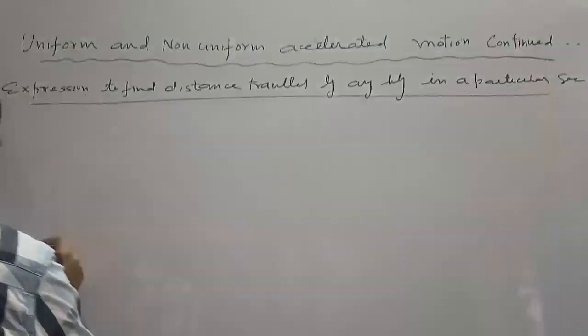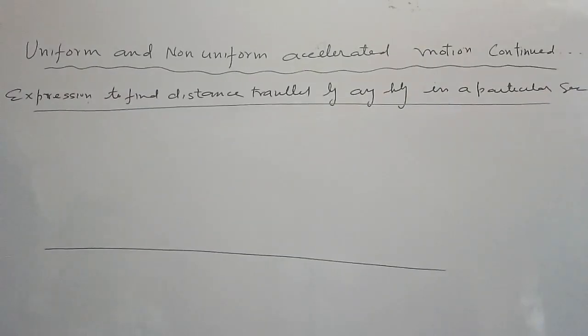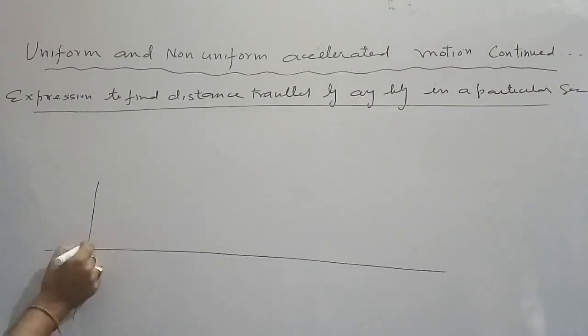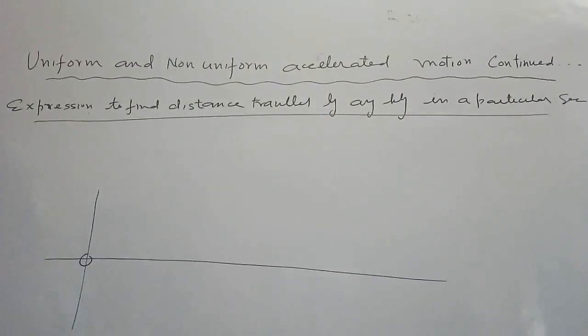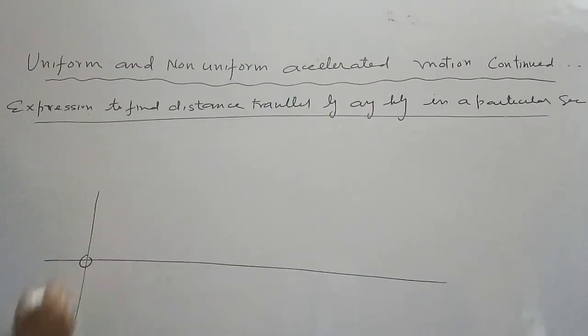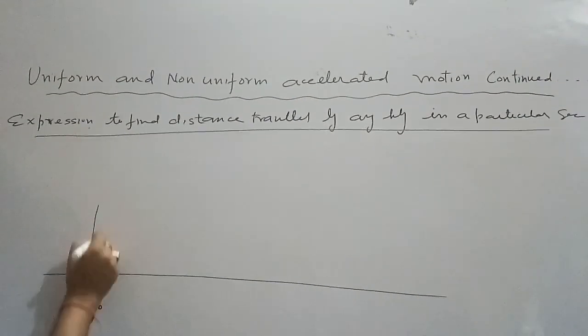Suppose a body is performing uniform horizontal motion. A is the reference point, with respect to which we are observing the motion. When the body crosses it, its velocity is u when time is 0.